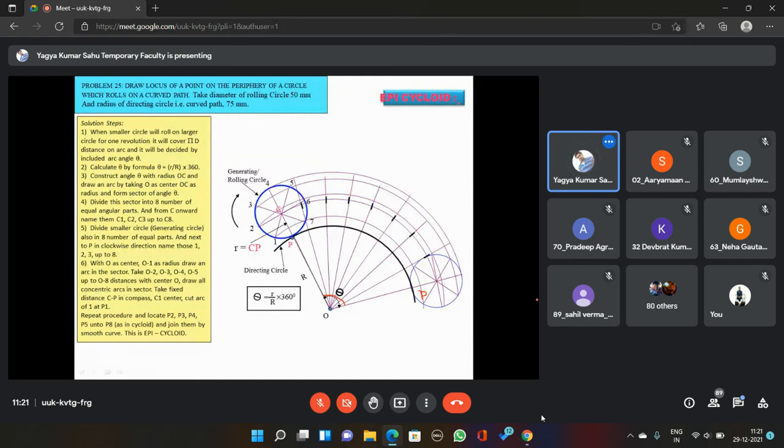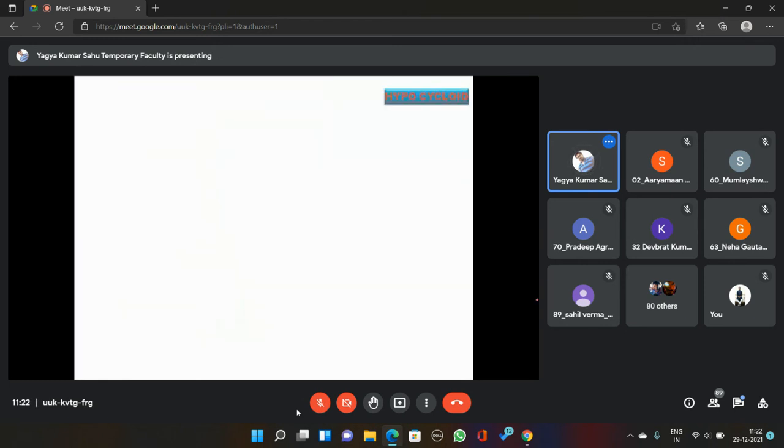Locate all the points properly and draw the curve, joining all the points with the help of a smooth curve.